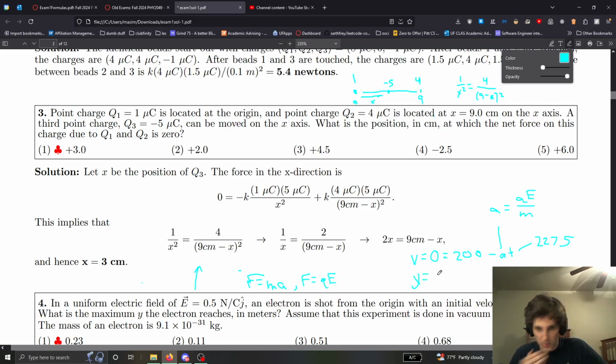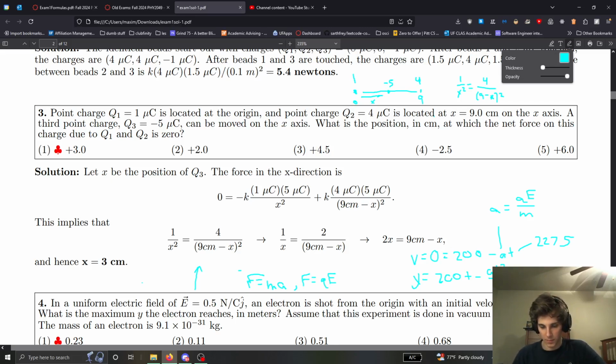So the y, it starts at the origin with 0. It's given a velocity of 200, so times t, and it's also slowed down at a rate of our acceleration here, t squared over 2.